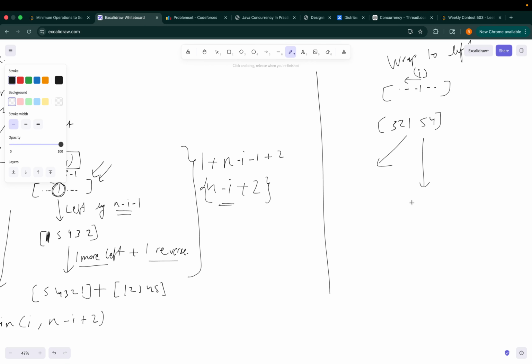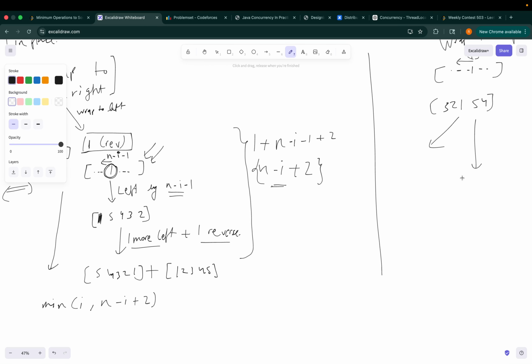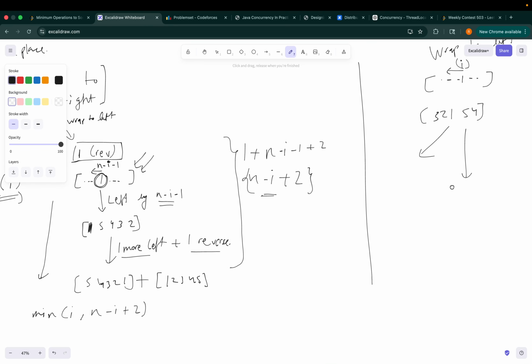We rotate left by this, so you get this array 1 5 4 3 2, and then you get one more left plus one more reverse. So 5 4 3 2 1, and then you get 1 2 3 4 5.